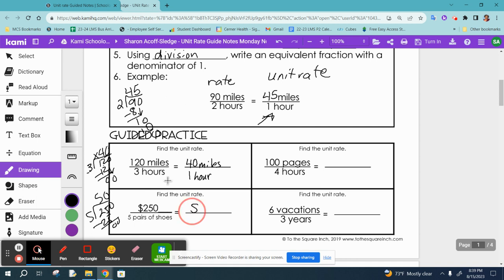So we have $50 per one pair of shoes. So this is a unit rate. I talked to your parents about taking you to the grocery store and letting you see the unit rates on the shelves. So I want you to pause the video and do these two, and then restart the video so you can see if your answers compare with mine.